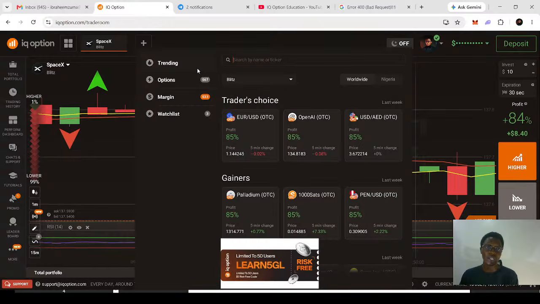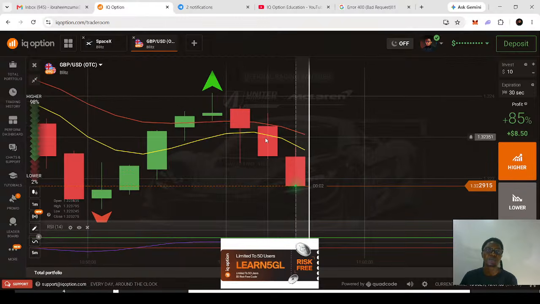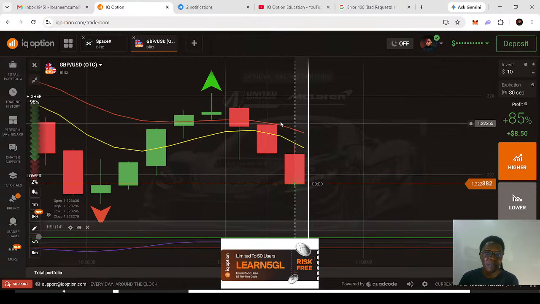Around here, I can see a very good indicator: now we have a fractal right here above. We have the crossing half right here, but it hasn't crossed. The momentum is really a bearish momentum, but the yellow EMA hasn't crossed above the red EMA, the 14 EMA, and for that reason we cannot enter this trade.